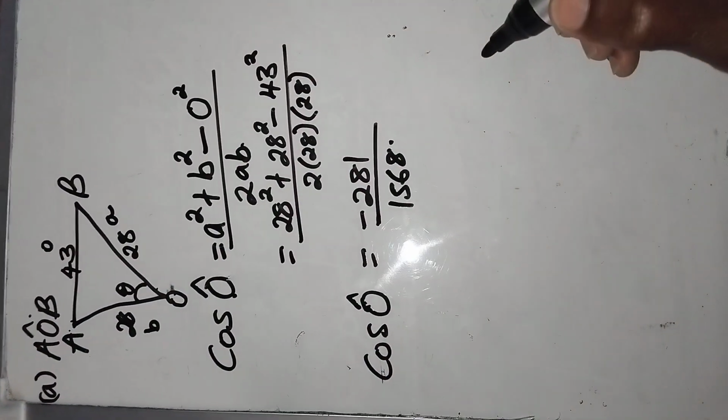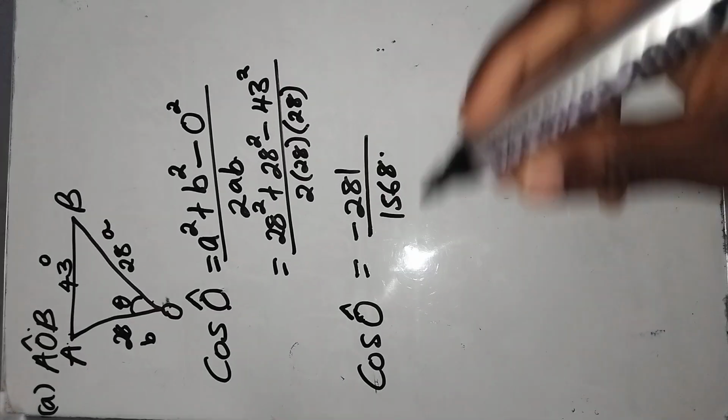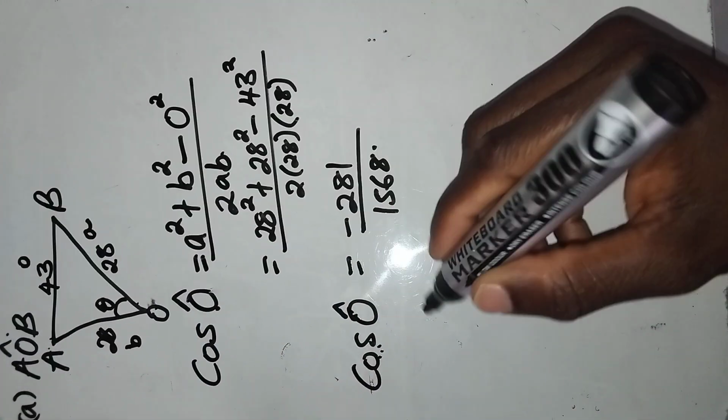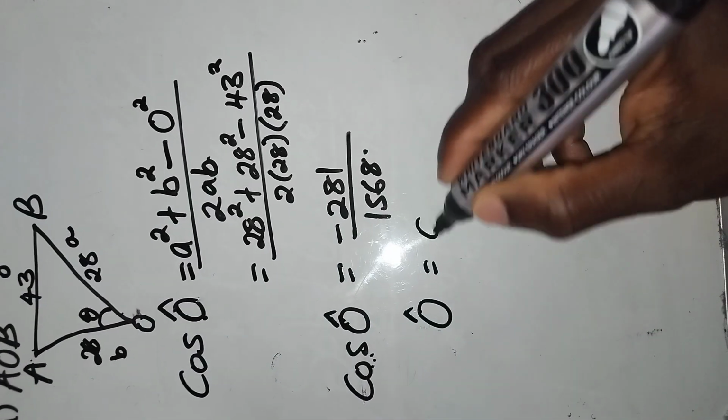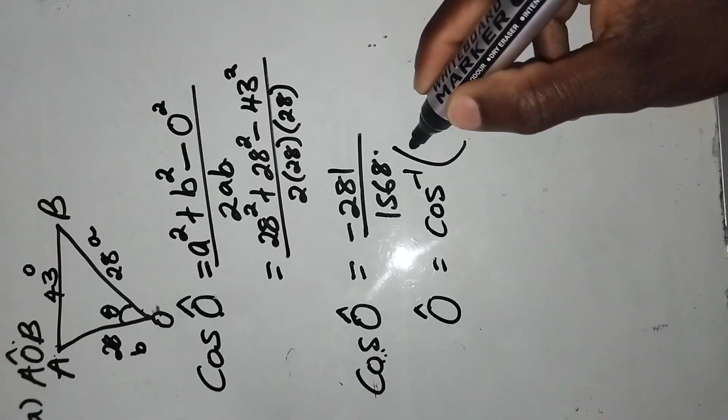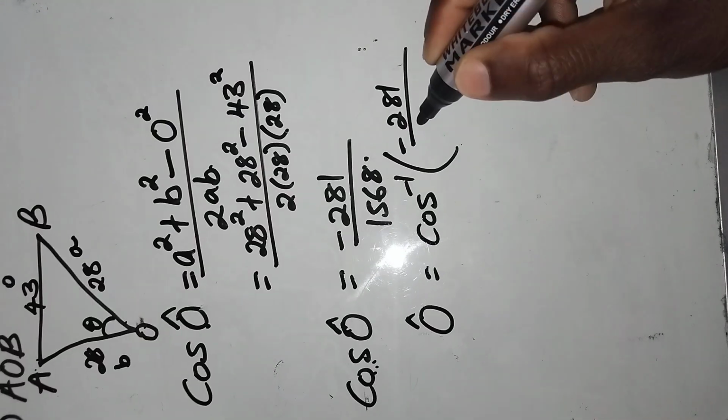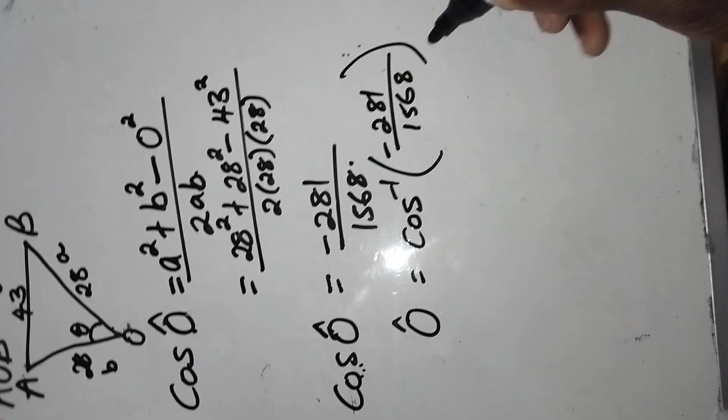So how do we find the angle O? We use arc cos. Angle O is equal to arc cos of negative 281 over 1568.